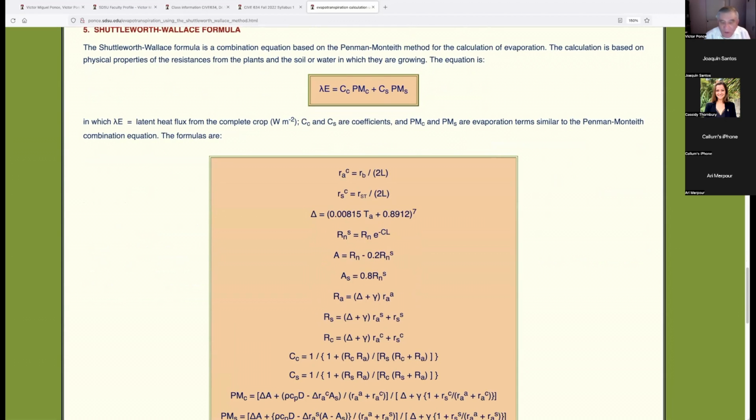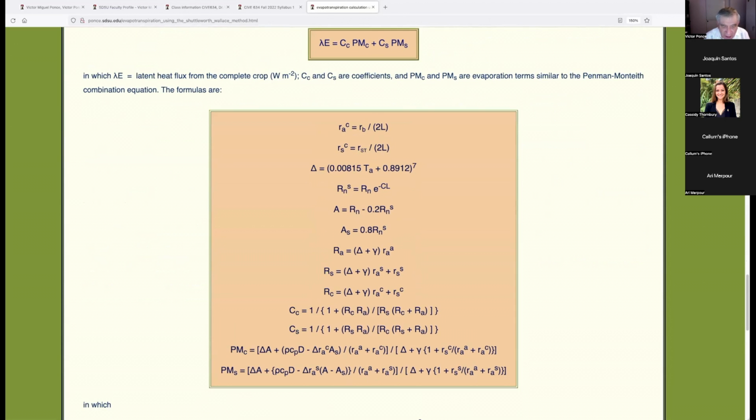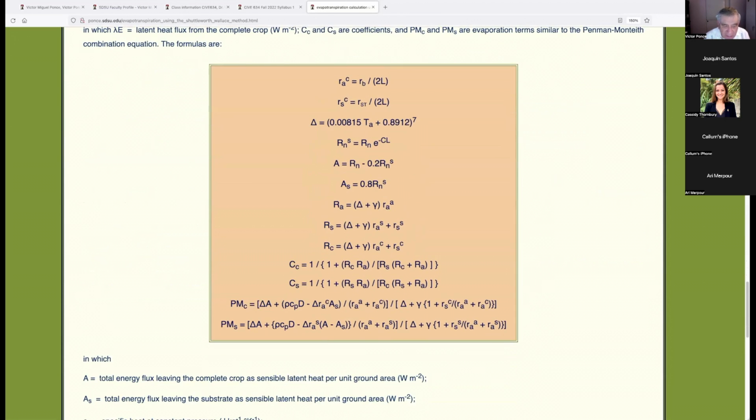So these are the equations as shown and written by Shuttleworth-Wallace. Some of them are theoretical, some of them are empirical, some of them are conceptual. It is a hodgepodge of methods and stuff in here. Then they calculate that PMC, the Penman-Monteith C, and the Penman-Monteith S, and all these numbers that you see in here.